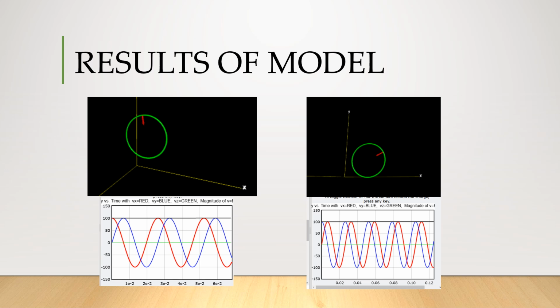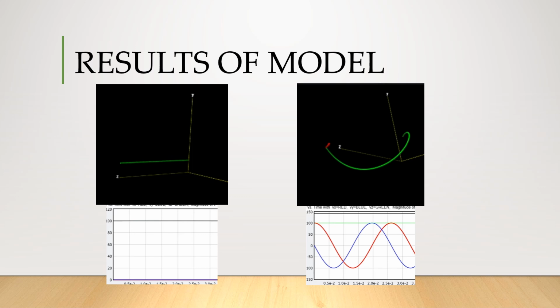On the right, we have an initial velocity in the y direction. So it's going to start by going up, it'll curve over to the right, and it'll go back down, curve to the left, and then keep circling like that.